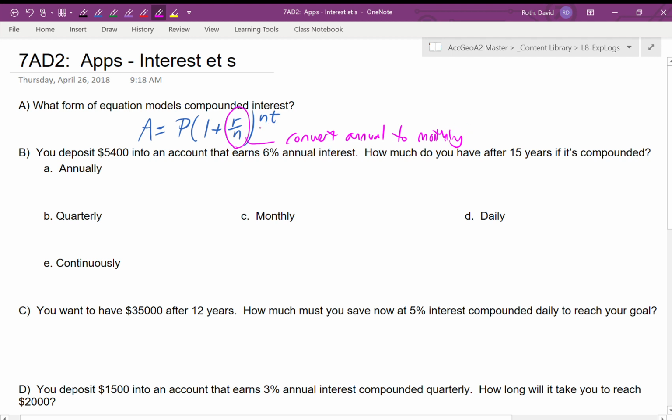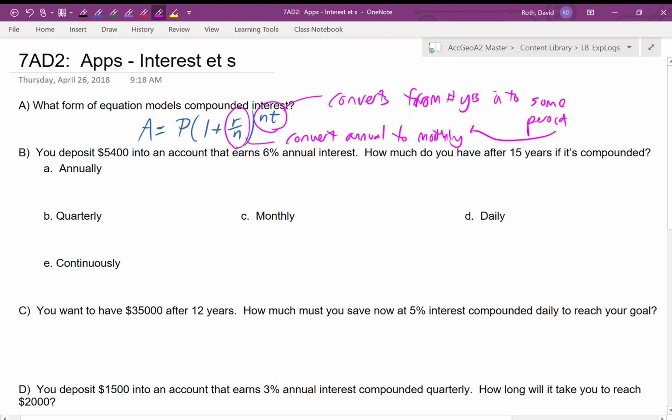And then this NT converts from a number of years into some period, like a month or something like that.